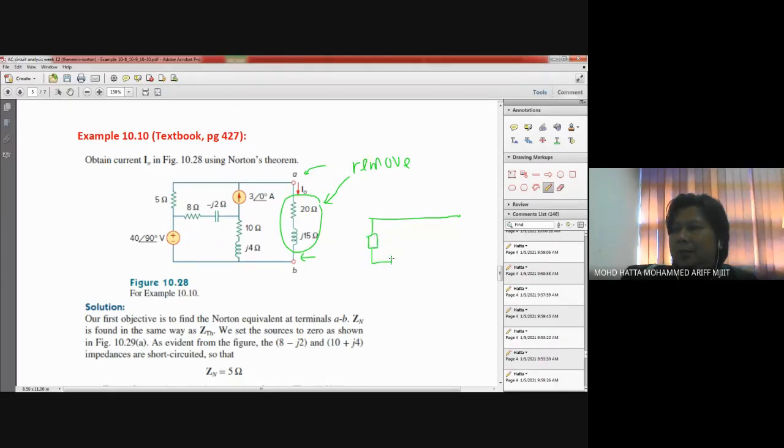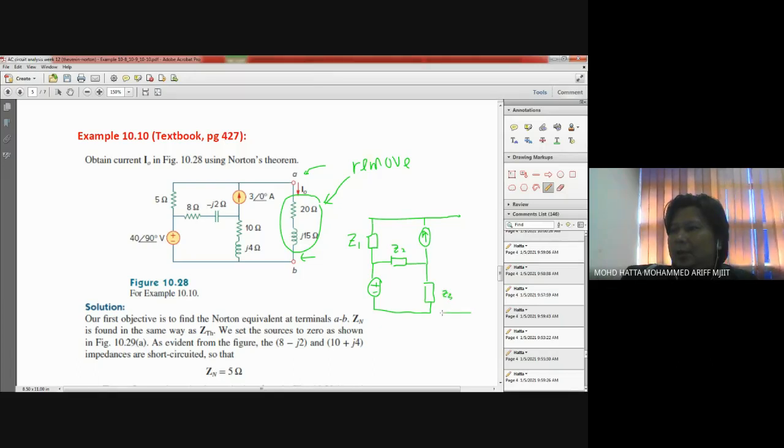Maybe I put this one as my impedance value, and this is my voltage source over here. Let's say this is Z1, Z2, and this is my Z3.